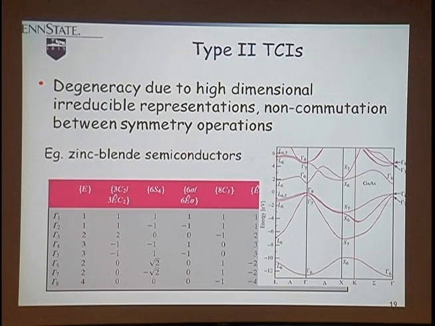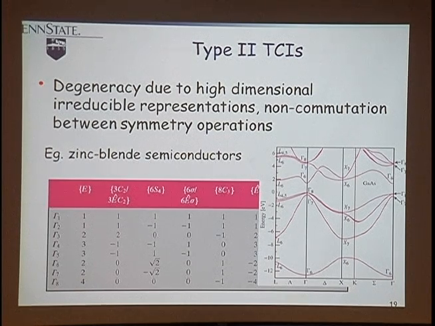For these two cases, it's related to the high dimensional irreducible representation. This is related to the fact that in the symmetry group there are some operators that do not commute with each other.